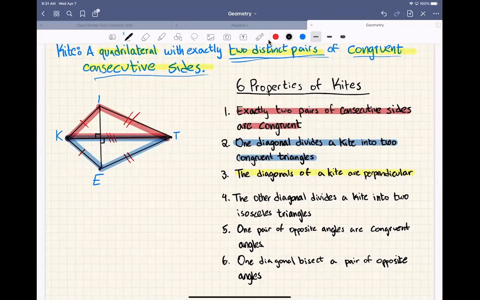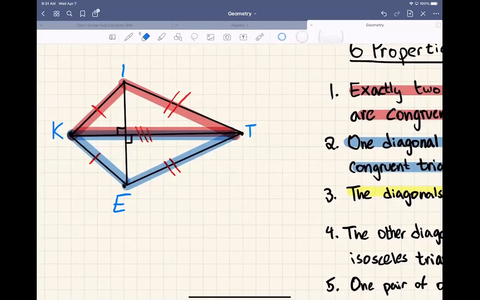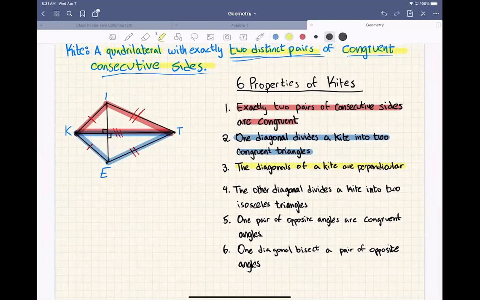The 4th property of a kite says, did I copy this in the wrong order? Let me double check. No, I didn't. Okay. The other diagonal of a kite divides the kite into 2 isosceles triangles.